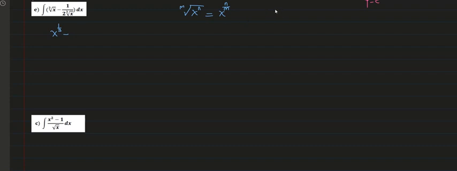We know from algebra that if we have a over b times c, this can be rewritten as a over b times 1 over c.